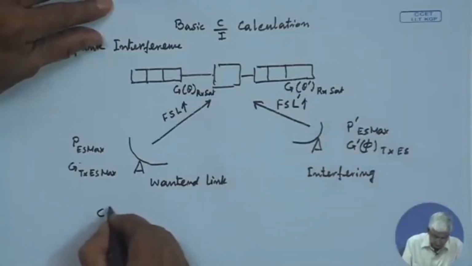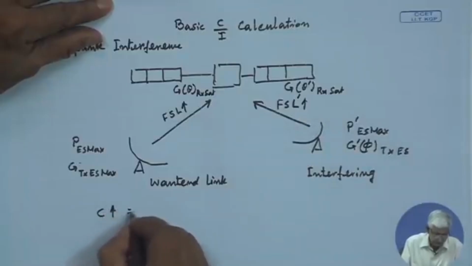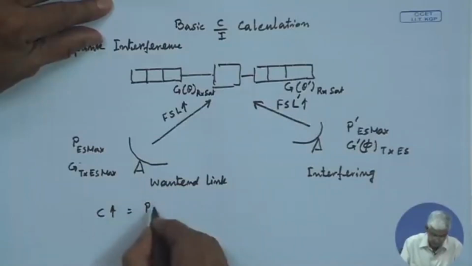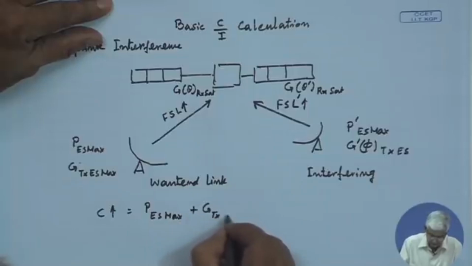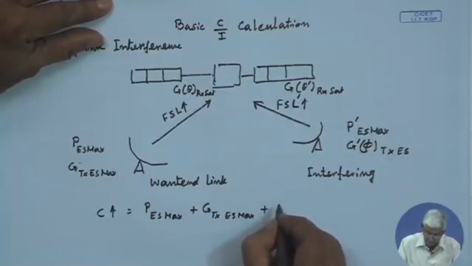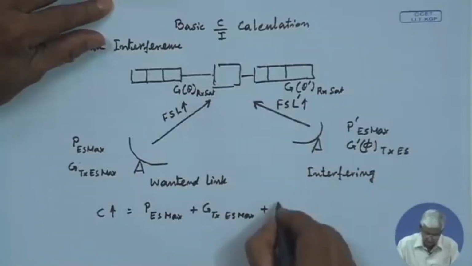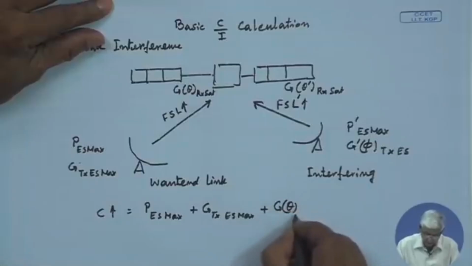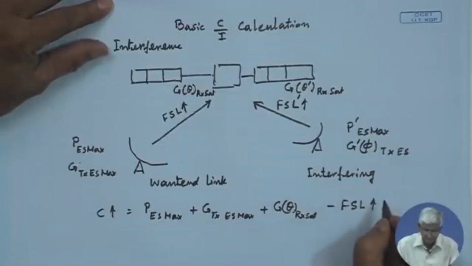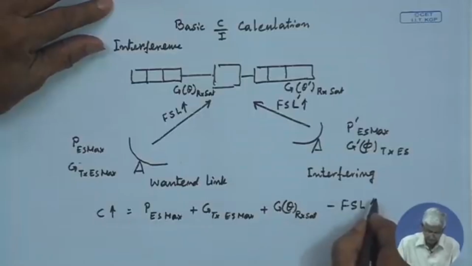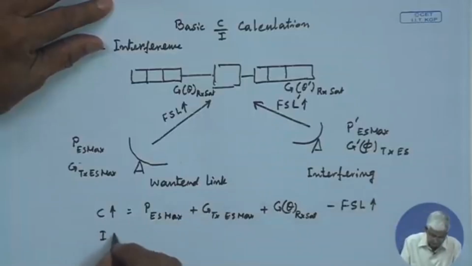So, the carrier power in the uplink from the wanted station is PS max plus G Tx station max plus the satellite G theta receive satellite minus the free space loss in the uplink. This is in dBW. And what is the interference in the uplink?